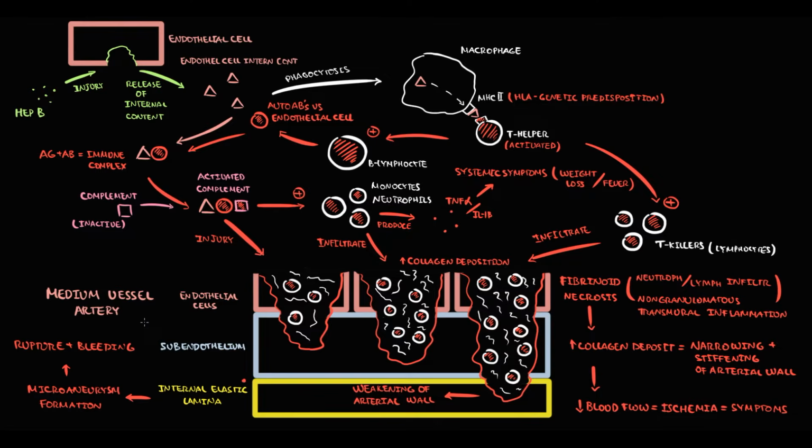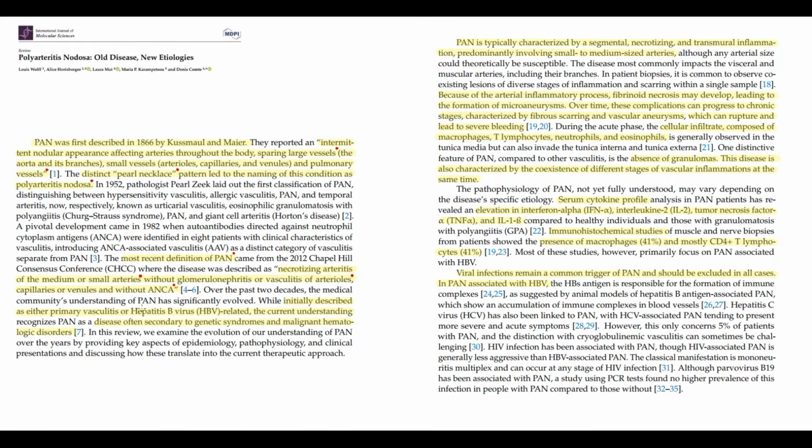So let's briefly review what we already know. The most common trigger that initiates Polyarteritis nodosa is hepatitis B virus. But nowadays we know that this disorder can also occur secondary to some genetic syndromes and secondary to some hematological disorders. Polyarteritis nodosa typically causes segmental necrotizing transmural inflammation. Segmental means that only a small segment of artery is affected.